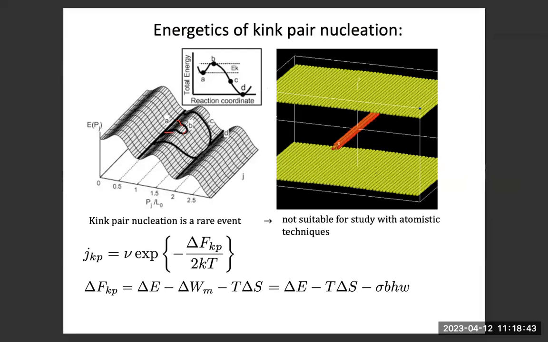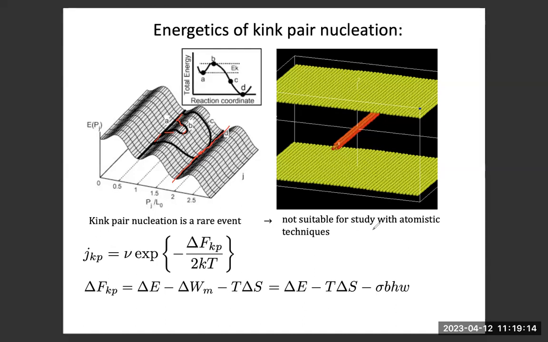Then this kink goes to the lower energy state. Then this part goes to this energy state. These are all kink formations. And at the end, our screw dislocation will come to the lower energy state. So this formation is called kink pair nucleation.